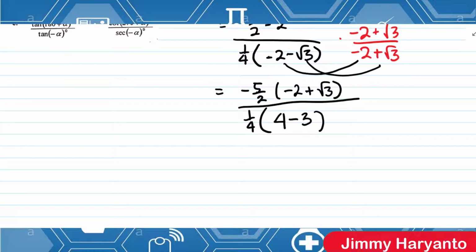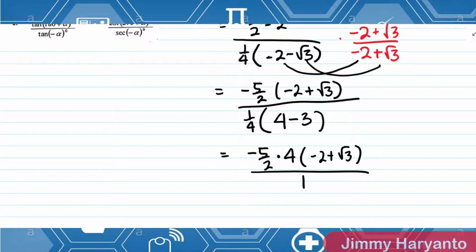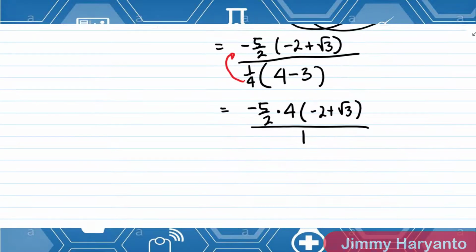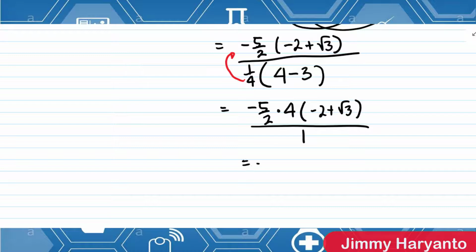After that, negative 5 over 2 times 4, and then times negative 2 plus square root of 3 over 1. I move this 4 to the top side, and then the result will be negative 10 in the bracket, negative 2 plus square root of 3. I will multiply it, it will be 20 minus 10 square root of 3. There you go.